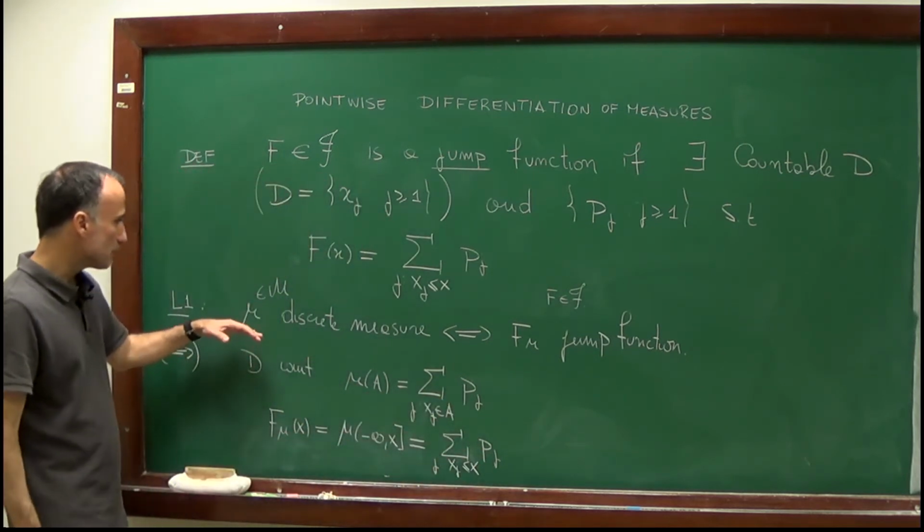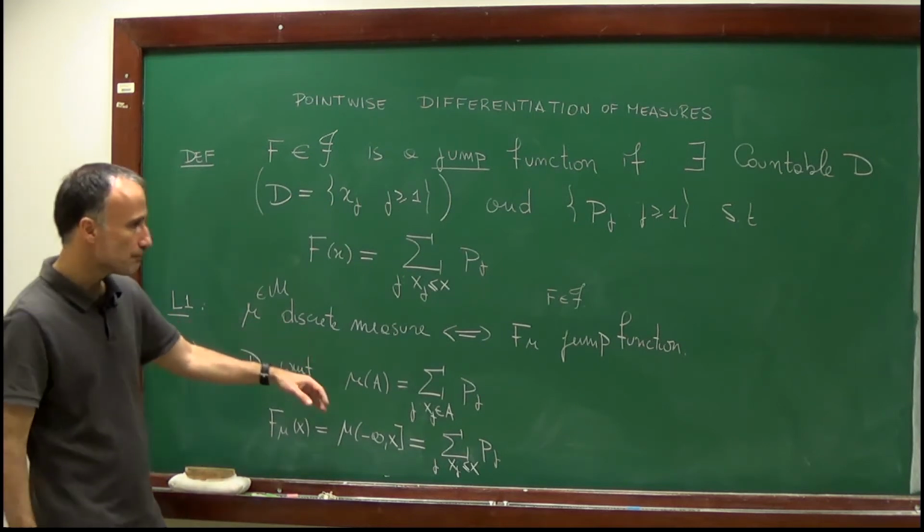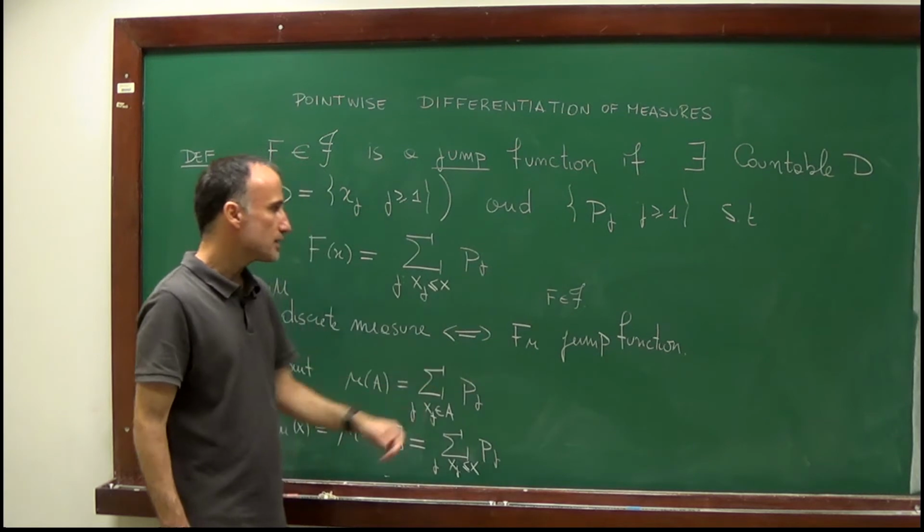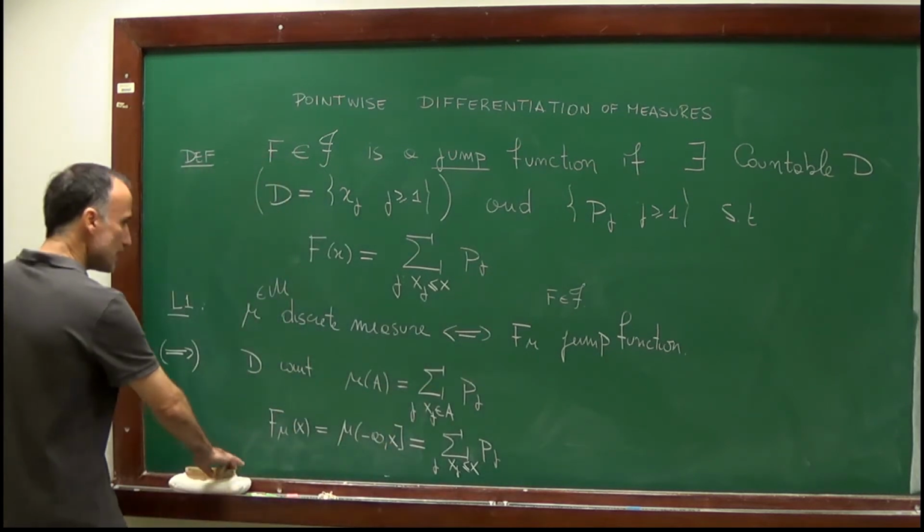So this proves that if you have mu a discrete measure, then the monotone function associated to mu is a jump function. Let's prove the converse.